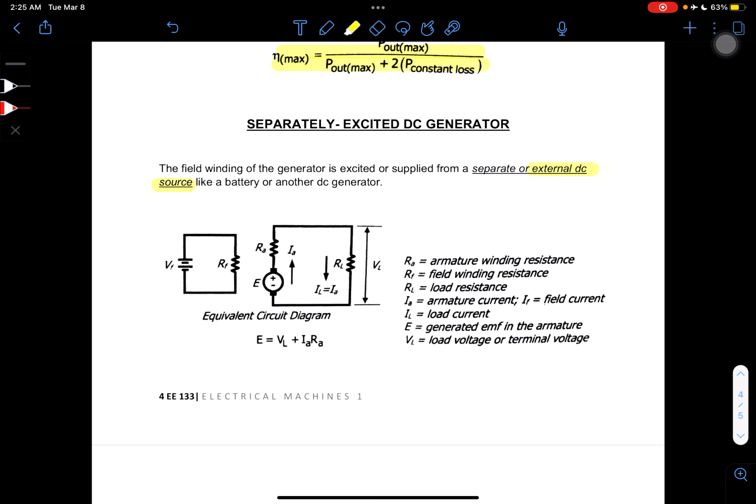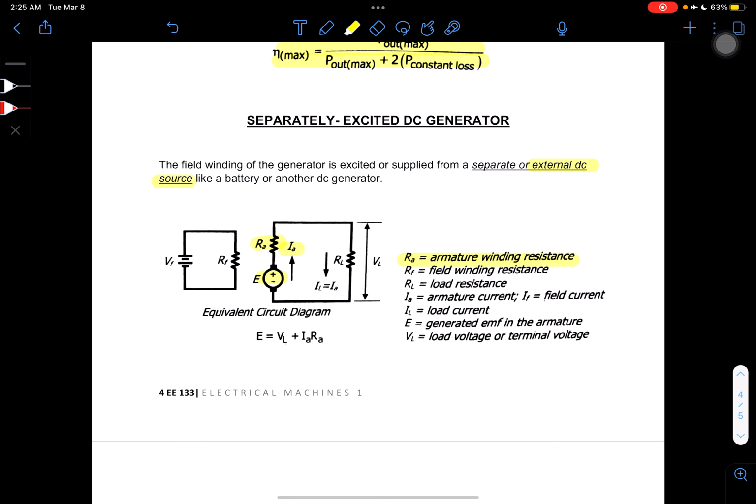So, we have here our equivalent circuit diagram for the separately excited DC generator. Here, our E is the external source, and RA is the armature resistance, the armature winding. In the armature winding we have IA, which is the armature current.